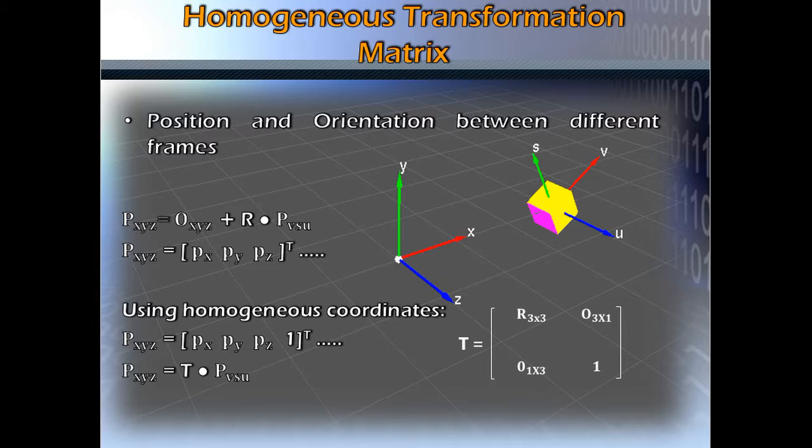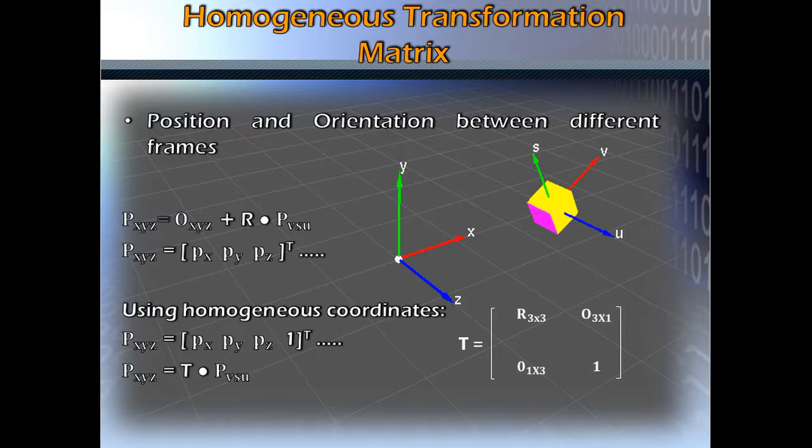If we use homogeneous coordinates, we can express this relation in another compact form. And this is the form that allows us to extract the transformation matrix, which we can express in block form.